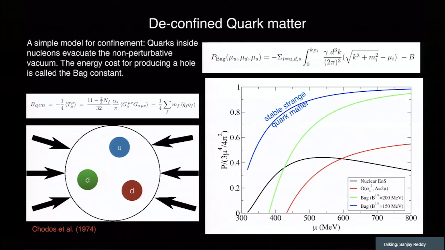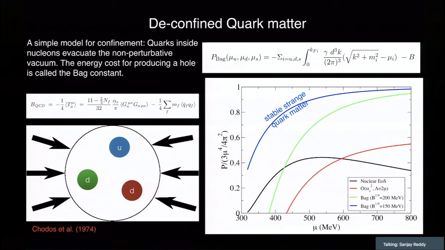So the energy associated with expelling this vacuum energy produces the mass of the nucleon, and the pressure produced by these 3 quarks contained in a very small volume pushes against the vacuum. So this is a simple model. Its connection to QCD is very tenuous, but it provides us a framework to think about the transition from nuclear matter to quark matter.